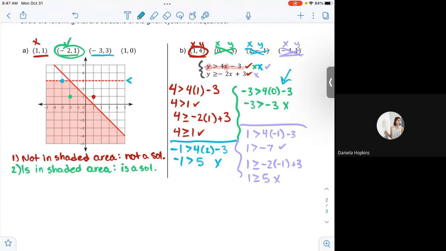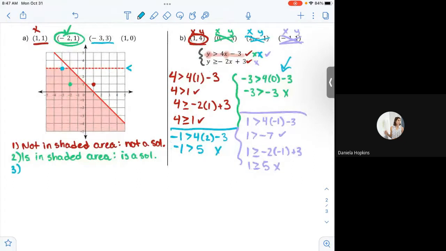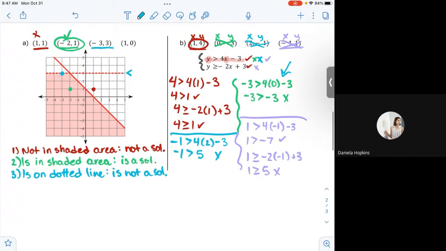Where it was -3 is greater than -3. And we said that's not true because it's not equal to. So that's why if it's on the dotted line, our third case that can happen, so is on dotted line, so it is not a solution. So that means this is not a solution. So I guess I should have crossed off this one too, huh?